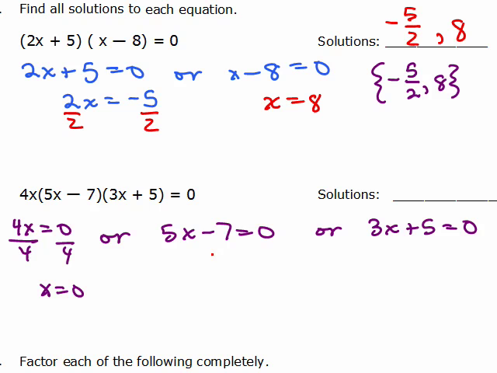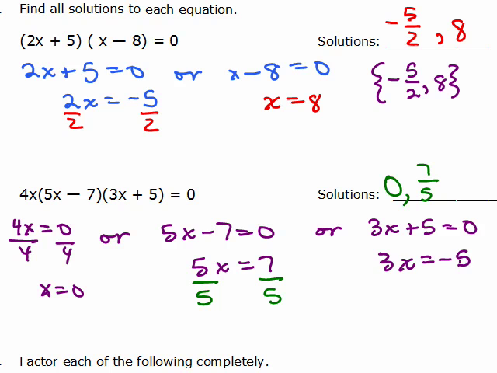So we're going to just add 7 to both sides, and that gives you 5x is 7, and then divide by 5. Okay, so we got 0 for a solution, we got 7/5 for a solution, and then over here, last one, you're going to subtract 5, and then divide by 3 for this one. So the other solution is negative 5/3.